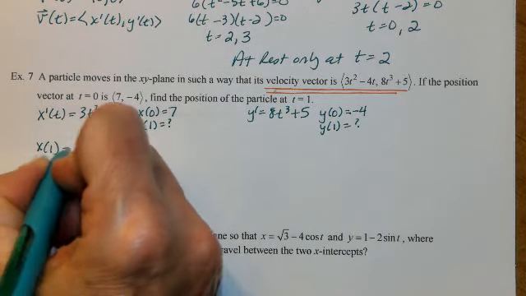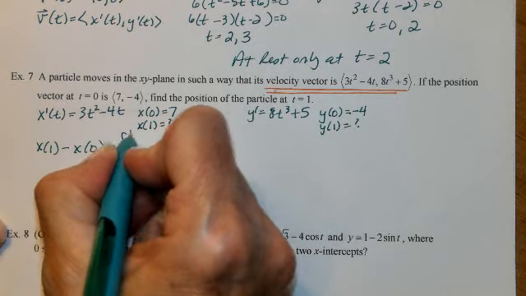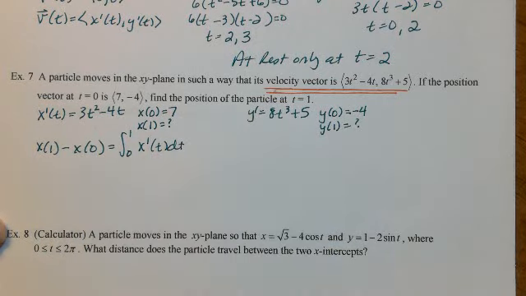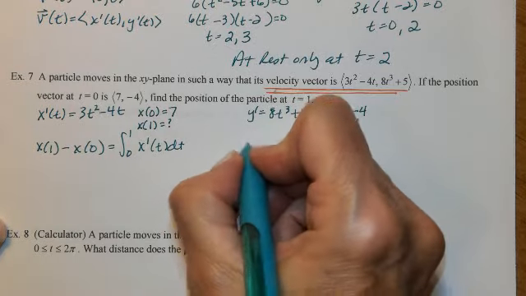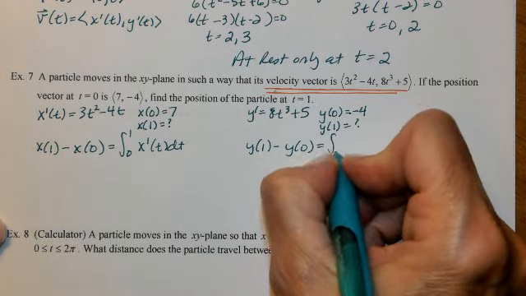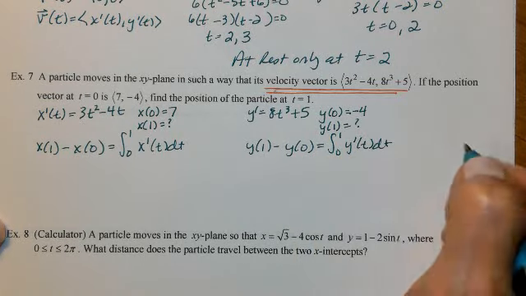X at 1 minus x at 0 is the integral from 0 to 1 of x prime of t dt. Y at 1 minus y at 0 is the integral from 0 to 1 of y prime of t dt.